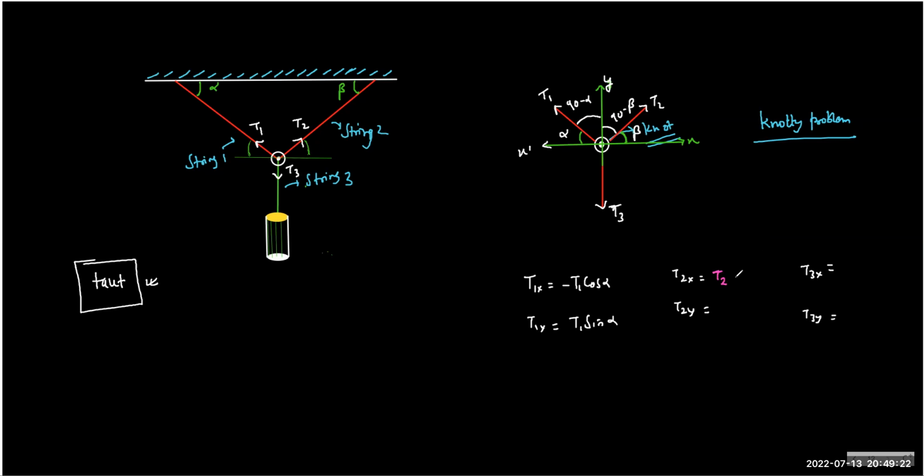T cos beta. That's the right answer, because that is the angle between T2 and the x-axis, right? Yes. And what is T2y? T2 cos of 90 minus beta, which is sin beta, right?